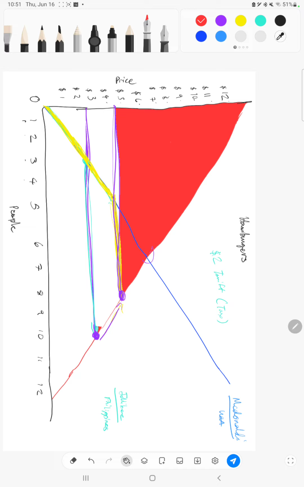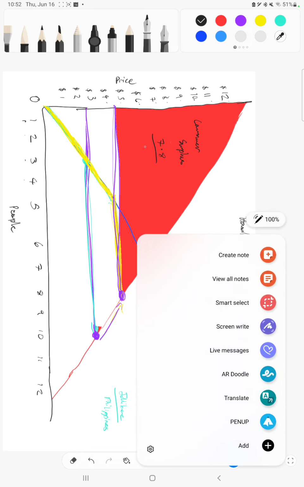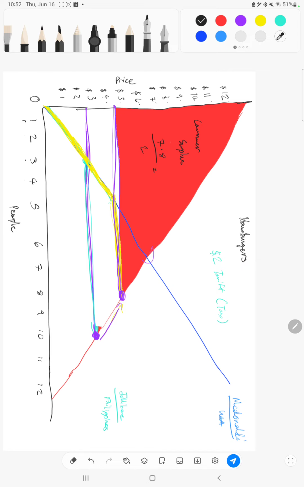It used to be 90 units. Now, if we calculate that, consumer surplus is going to be right here. We're going to say it is now at $5, counting 2, 3, 4, 5, 6, 7. So it's 7 times 8 now, divided by 2.